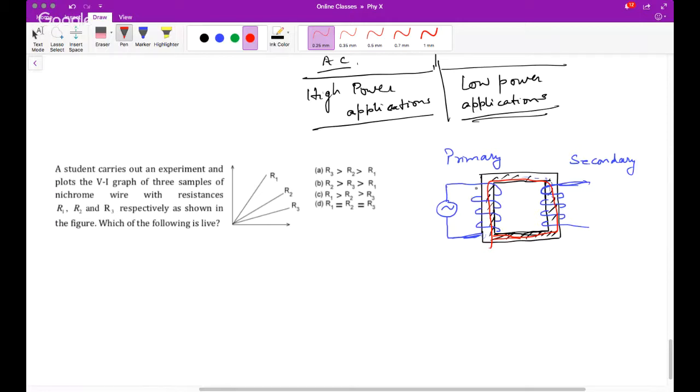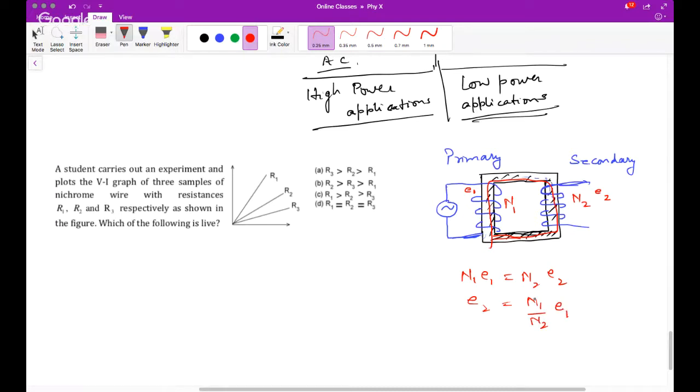Okay, so let's say there are N1 loops here and N2 loops there, and in one turn the voltage was E1, and here the one-turn voltage is E2. Then it is said that N1 E1 is equal to N2 E2. So E2 will be N1 by N2 into E1.